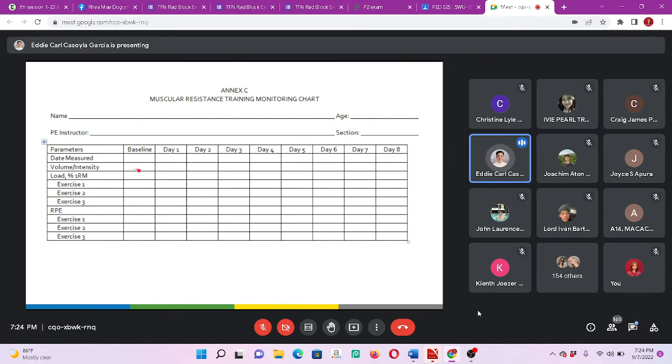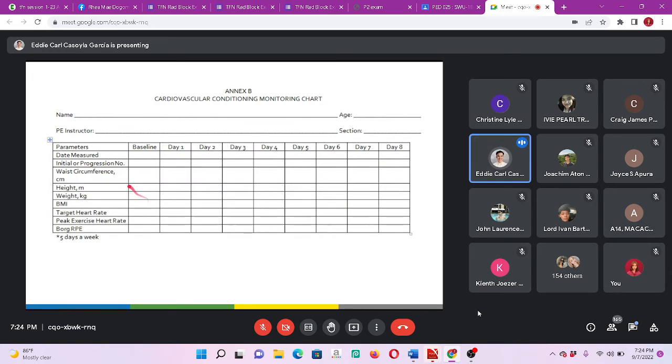Same also, only the baseline is filled in. So instead of the baseline, I'm sorry, can you change the exercise 1, 2, 3 into your specific exercise. There is no measurement taken, only for the conditioning.